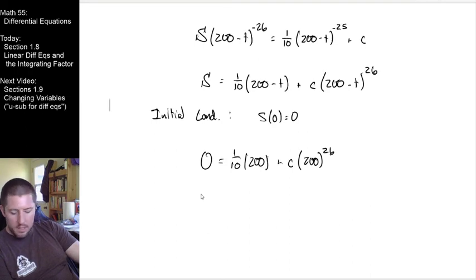So we subtract this guy over right here. Oh, that's a gross term. 200 over 10, which is just negative 20 right there, equals C times 200 to the 26th.